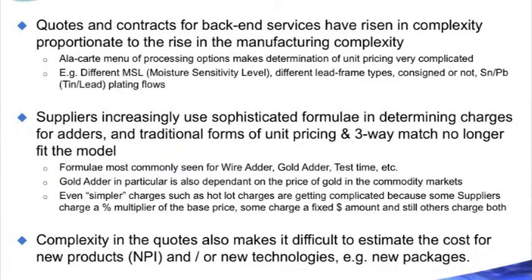Subcon assemblers are increasingly looking to enhance the bottom line with fees and adders for services that were previously provided for free. And of course, most importantly, each subcon has their own format for the quotation.